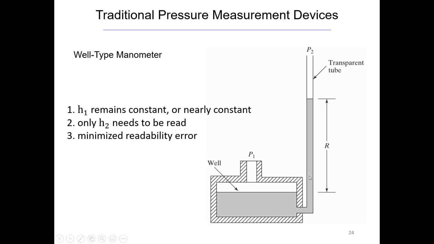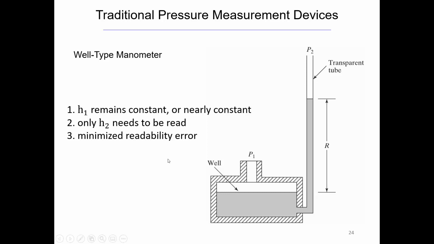Now, moving on to a variation of that one, the well-type manometer. This one has a little bit of an improvement. If we were in class, I would be asking you why you think that is before we get to this point. Maybe you can pause this and think about that for a minute. But seeing that I already have number 2 up here, if you're reading these, you can probably already understand what the main advantage is.